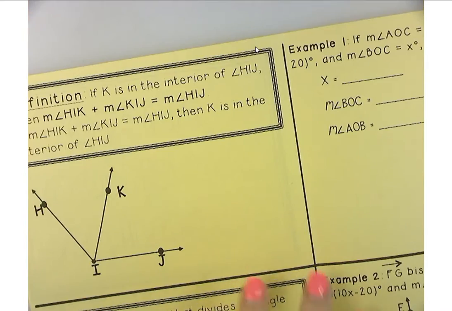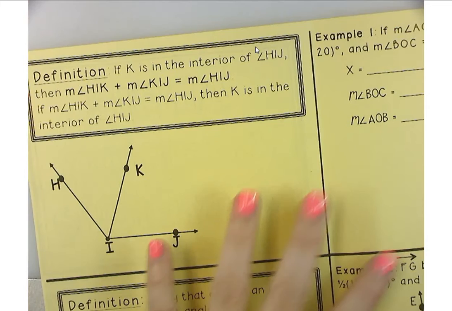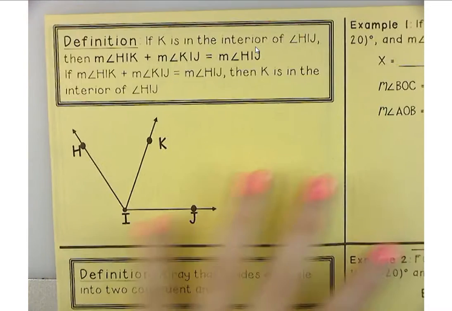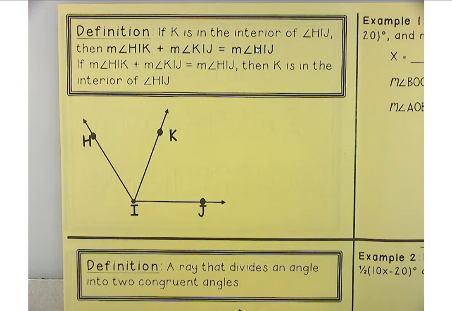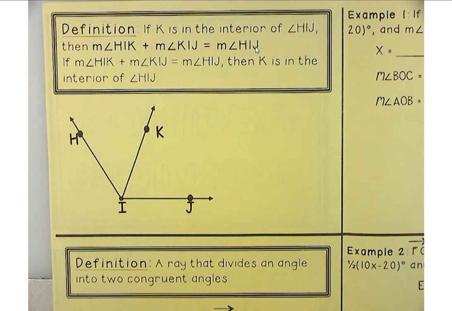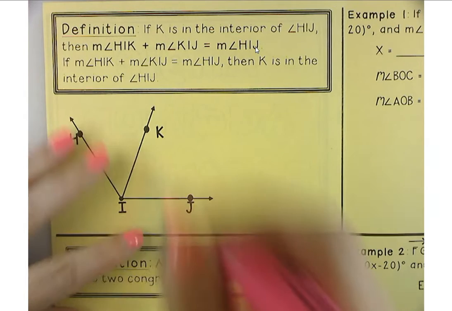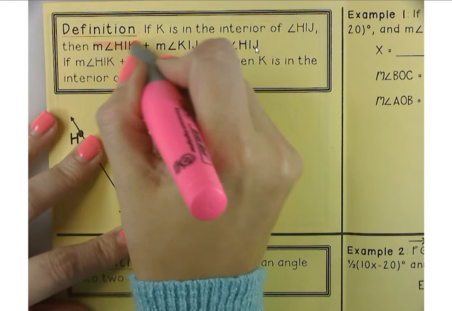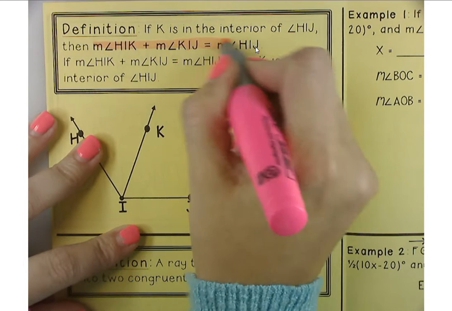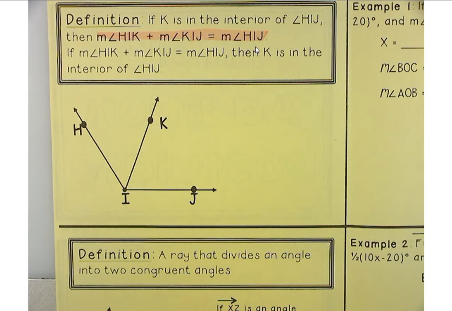The first thing we're going to talk about is the angle addition postulate. Our definition is, if you have a point K that's in the interior of an angle, then the measure of HIK plus the measure of KIJ equals the measure of angle HIJ.